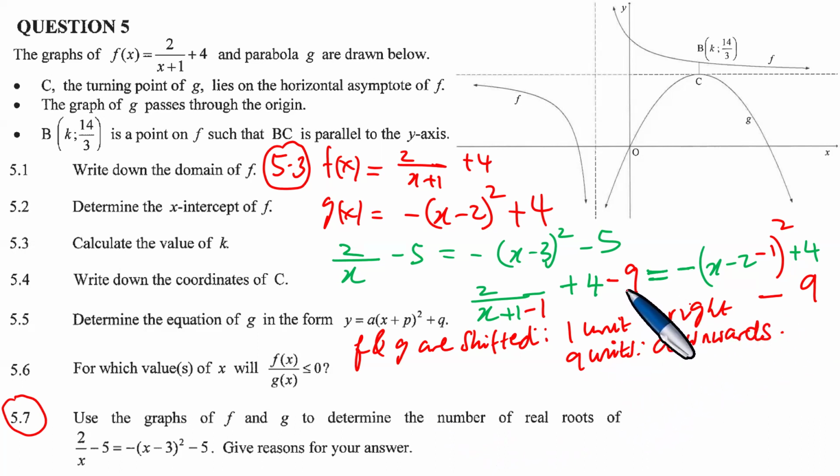Because now we're subtracting 9, it means that it's 9 units downwards, and also it is 1 unit to the right for both graphs.